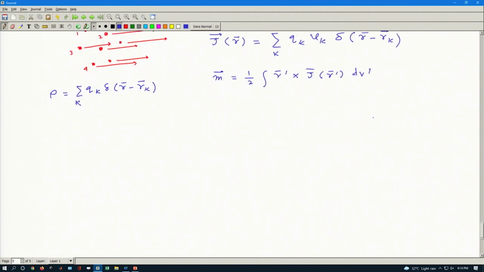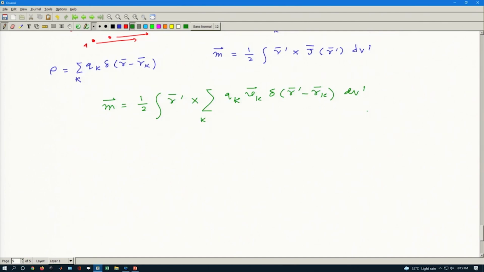So exploiting the value of j here, I can write my m as half of the integral of r prime cross the summation over k of q k v k delta of r prime minus r k, over dv prime. So this integral is over dv prime and the delta function is associated with that.